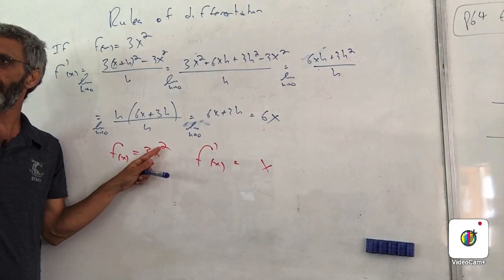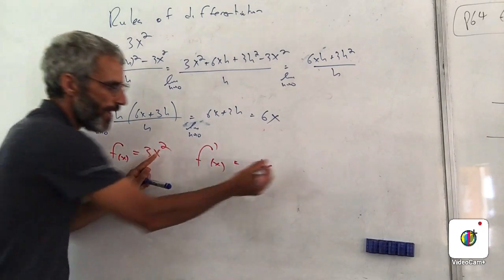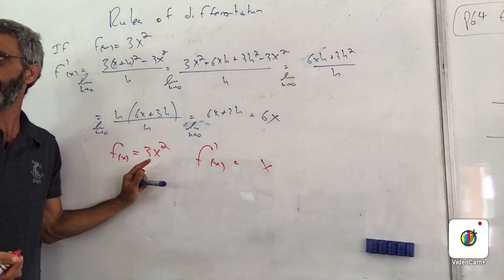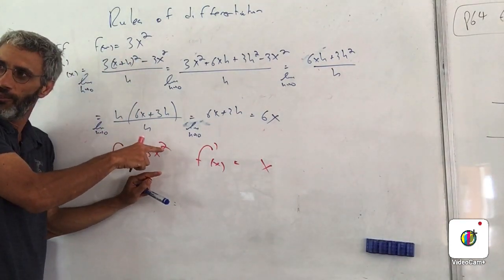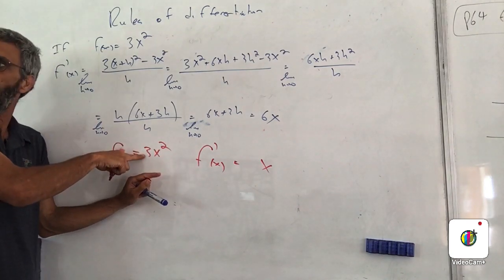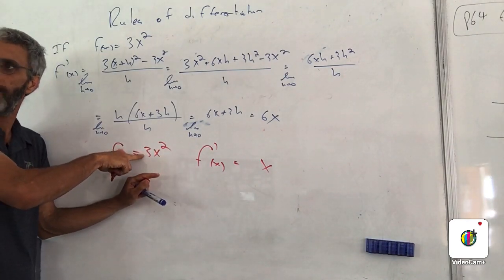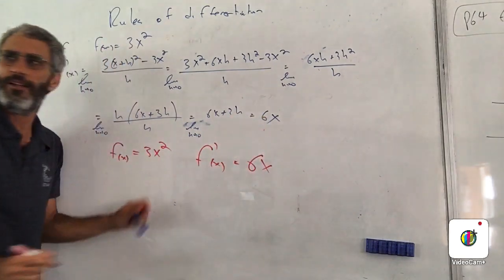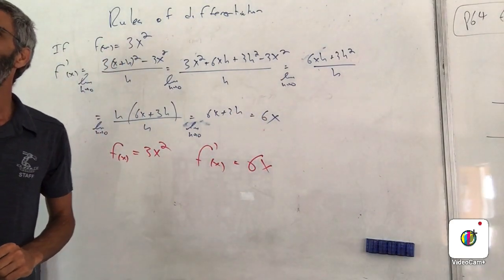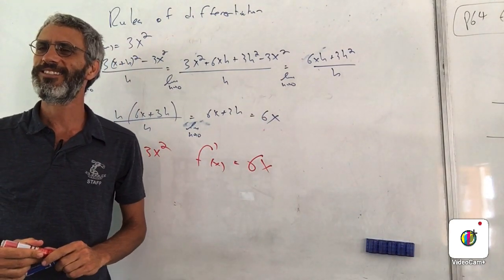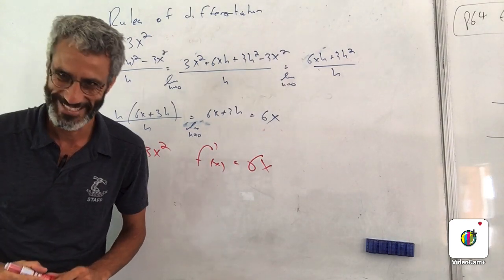So 2 minus 1 is 1. So x to the power of 1, we don't need to write it, it's x. Now we take the 2, and you multiply it with the number here. So 2 times 3 is 6. Look at that. Is that the answer? That's the answer.